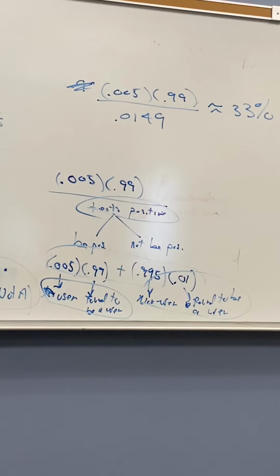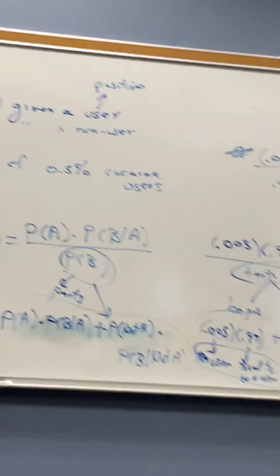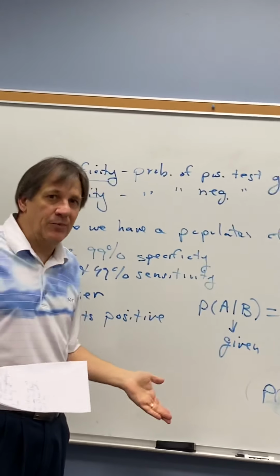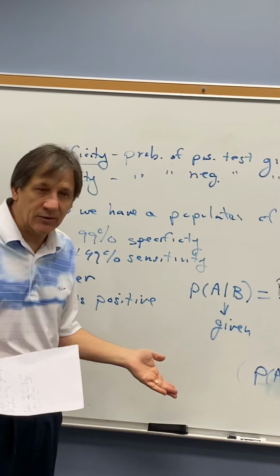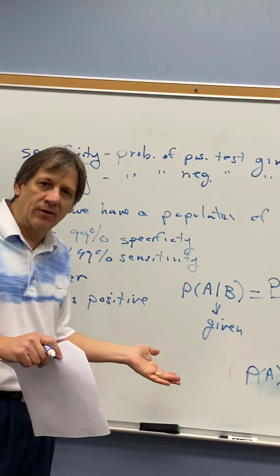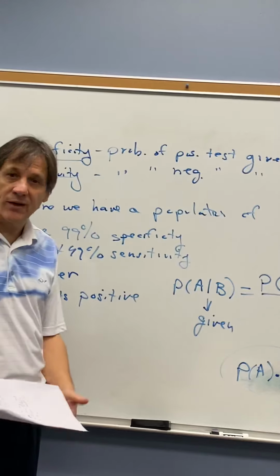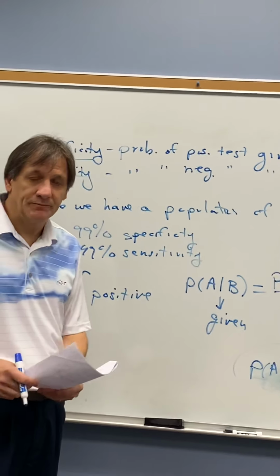Wow. That means if somebody goes out and takes a drug test under these conditions and they test positive, well, most people are going to think, they must be a user. Nope. It's more likely that they're still a non-user than that they're a user. It ends up being 33%. So kind of a surprising result.